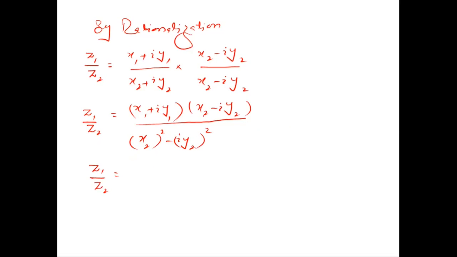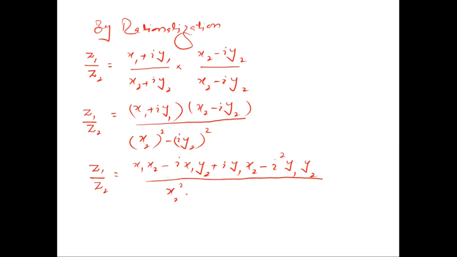So multiply x1 by x2, it becomes x1 x2. x1 by minus iota y2 gives minus iota x1 y2, plus iota y1 by x2 gives plus iota y1 x2, and minus iota times iota square gives plus y1 y2, divided by x2 whole square minus iota square, minus 1, y2 square.